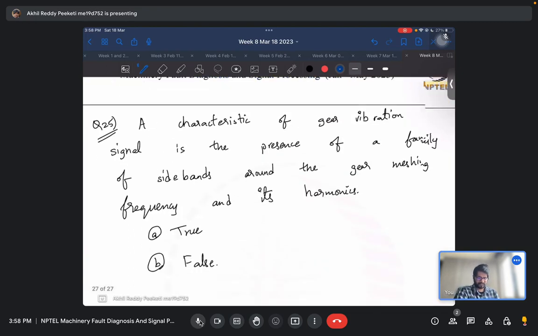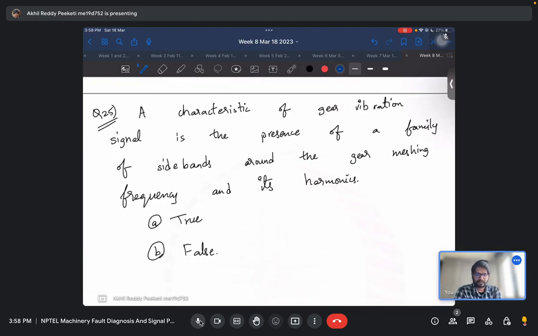So this is the last question for today. If you are looking at an accelerometer signal using a gearbox, in the gear vibration signal you will have a family of sidebands around the gear meshing frequency and its harmonics.